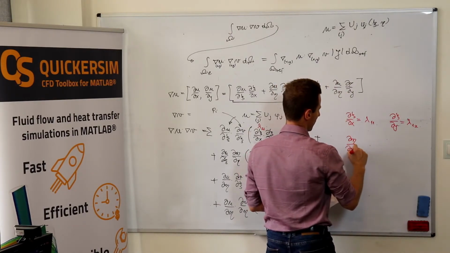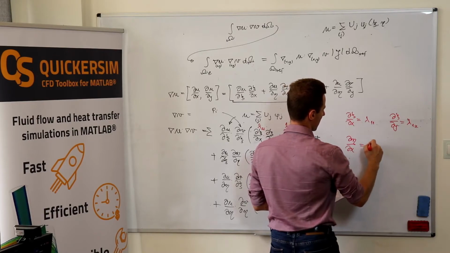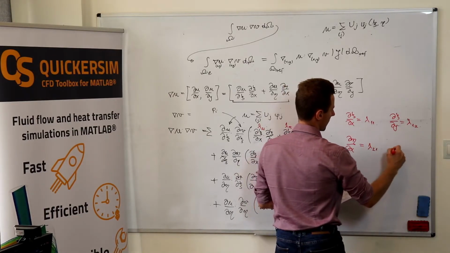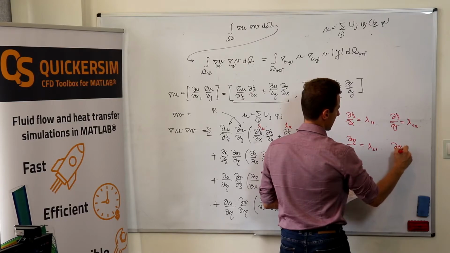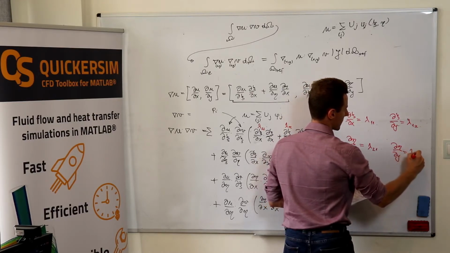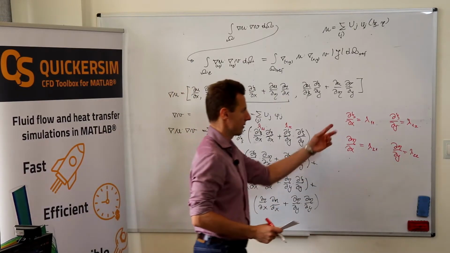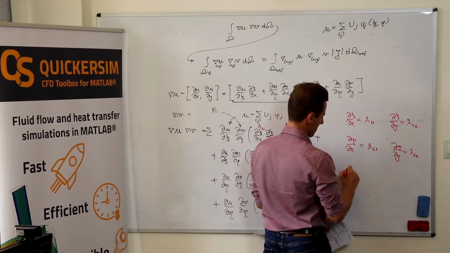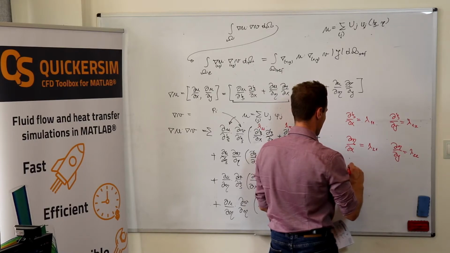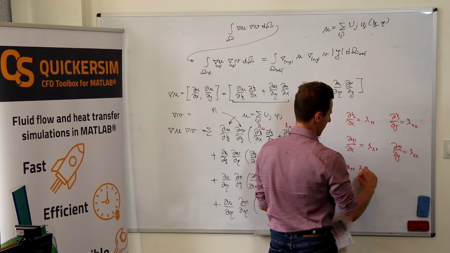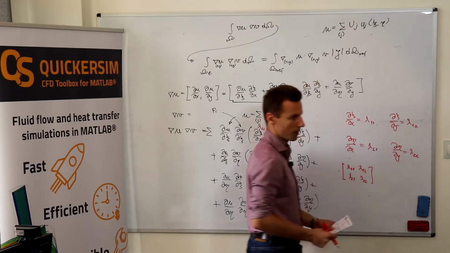The eta with respect to d psi is lambda 2,1. And the eta with respect to dy is lambda 2,2. What's the nice thing about that? Lambda 1,1, lambda 1,2, lambda 2,1, lambda 2,2.